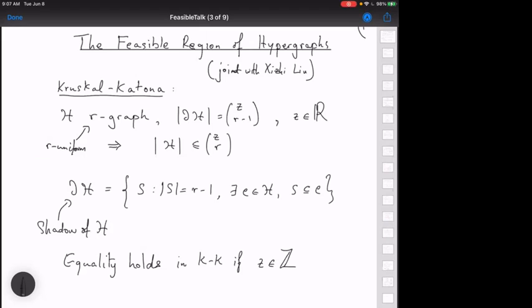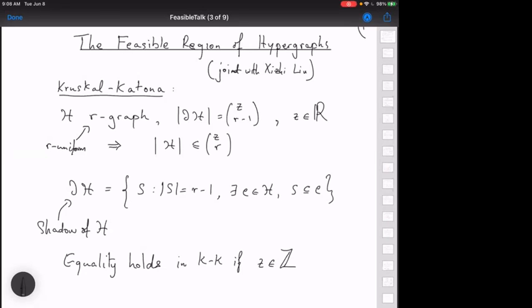And the classic theorem in this regard is the Kruskal-Katona theorem. It tells you that if the shadow has a certain size, then the number of edges is at most some function of that shadow. More precisely, if the shadow has size z choose r-1, where z is a real number, and here we're looking at the falling factorial definition of this binomial for reals, then the number of edges is at most z choose r.